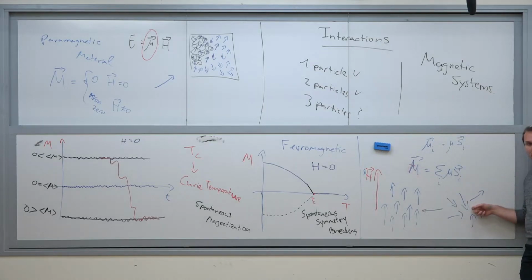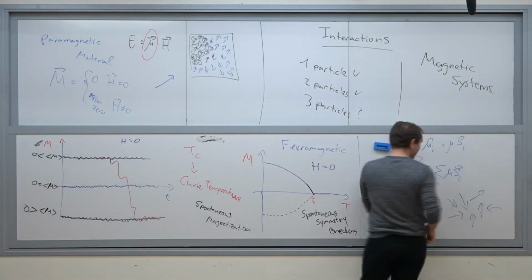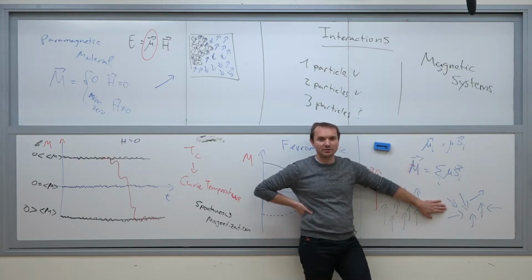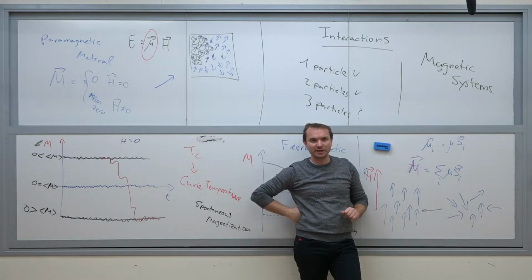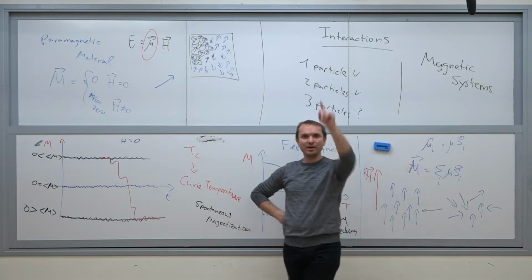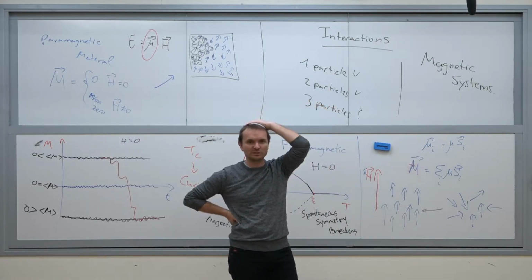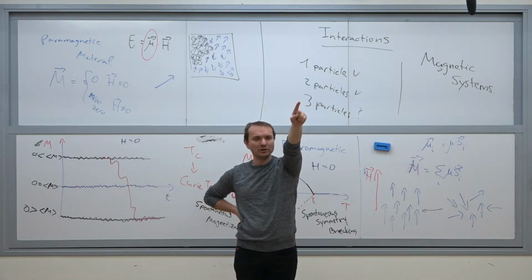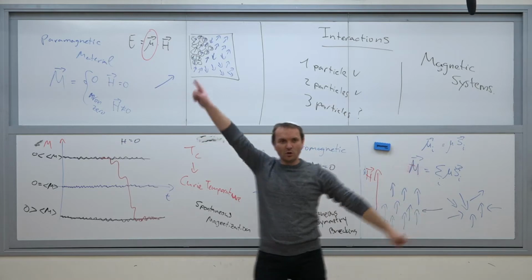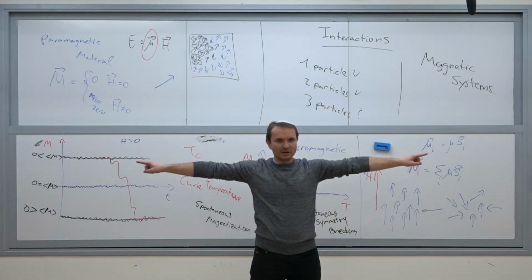Why is it called spontaneous symmetry breaking? Well, look at this picture. When the spins are disoriented, each can follow whatever direction it likes. So there is a total symmetry in the system, because the particle can follow this direction, or this direction, or that direction.